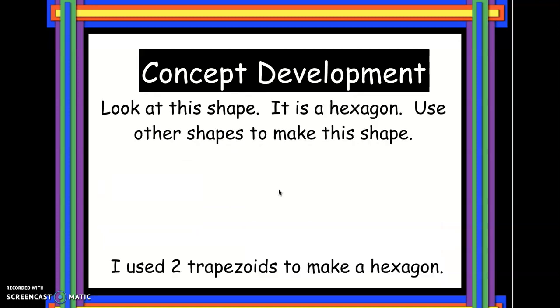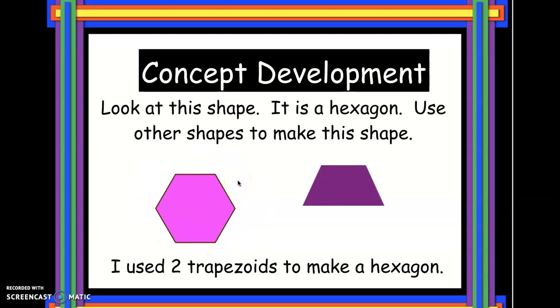Okay, so look at this shape. This is a hexagon. We're going to use other shapes to make this shape. Okay, so this is one shape right here. This purple shape is a hexagon. Now I can make it by using 2 trapezoids.